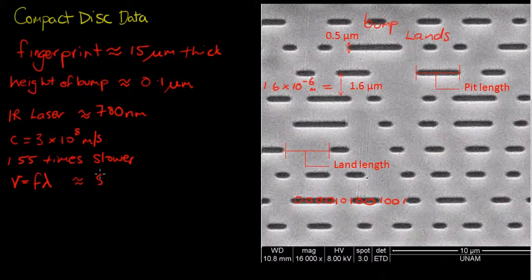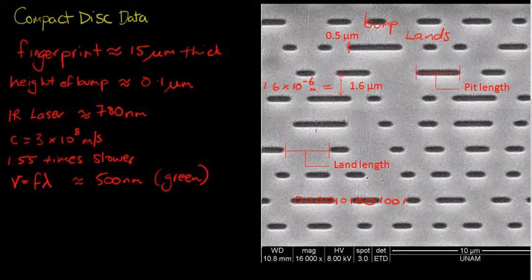So we're looking at about 500 nanometers, which is in the green region of the spectrum. So CD lasers can sometimes be referred to as green lasers, and they don't originate as green. They originate as infrared, and because of the polycarbonate plastic layer, they slow down a little bit.